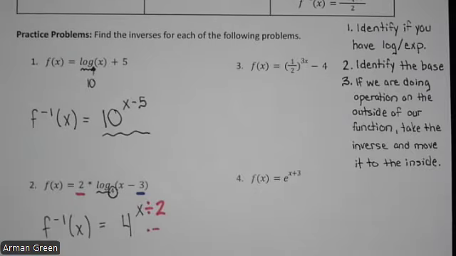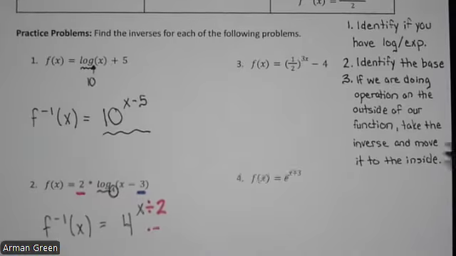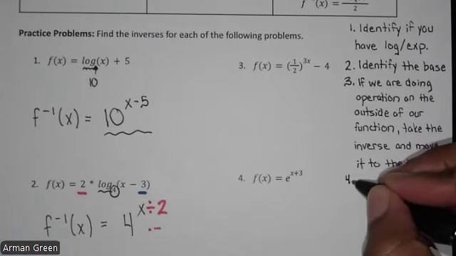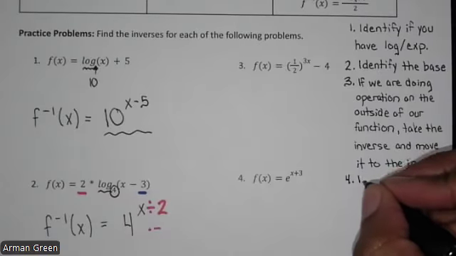Now, the other piece here is that we have a minus 3, right? Because we're subtracting 3, and that is on the inside of our function. This is kind of like the opposite of step 3, so I'm going to write it here.